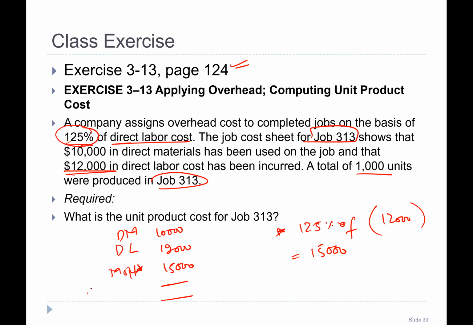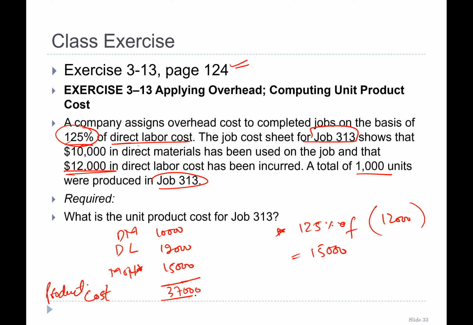How much is the total production cost, or product cost? 15,000 plus 12,000 plus 10,000 is 37,000. Right?